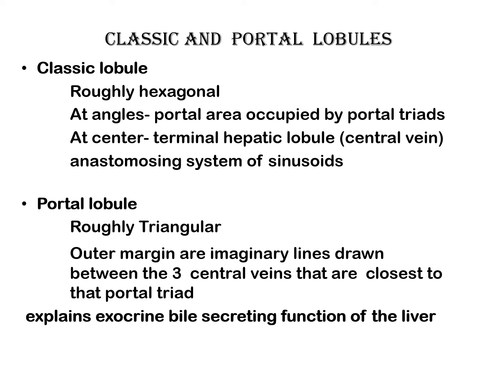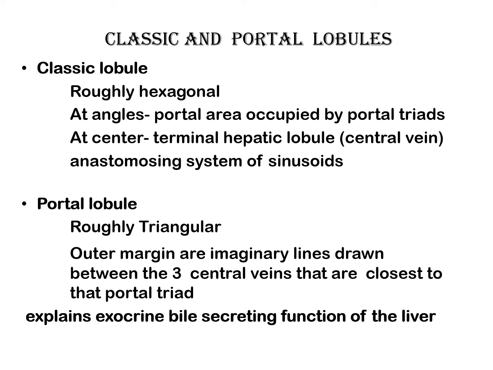At the angles, the portal area is occupied by portal triads, which are surrounded by loose stromal connective tissue. At the central part, the central vein is present and the hepatocytes radiate outwards and arrange into strips similar to the spokes of a cartwheel.